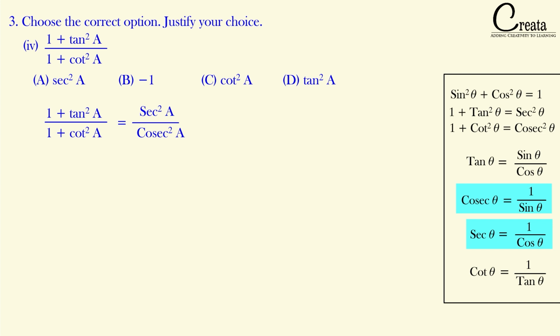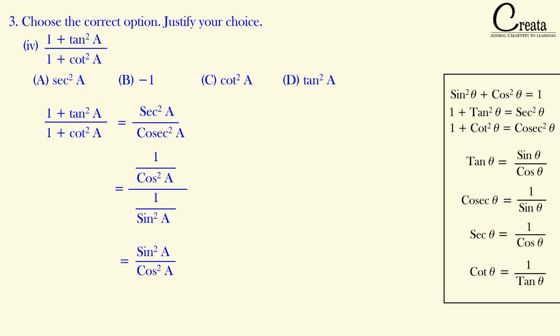So let's replace sec A with 1 upon cos A and cosec A with 1 upon sine A. We got sine square A upon cos square A. And what is sine upon cos? It is tan A. So we got the answer as tan square A, that is option D. Got it? We are done with part 4. So we are done with question number 3, all 4 parts.